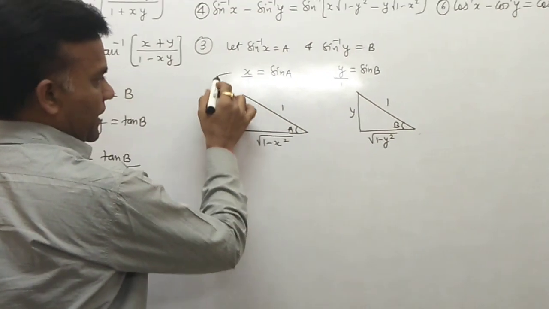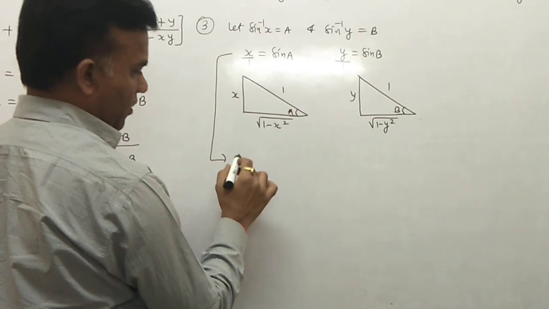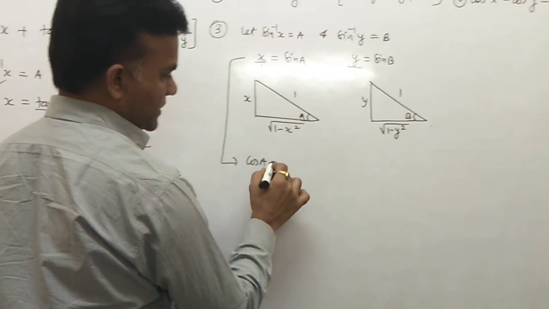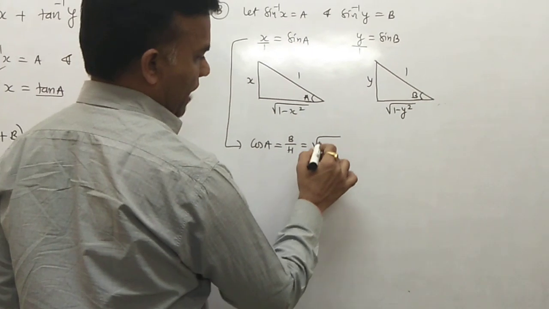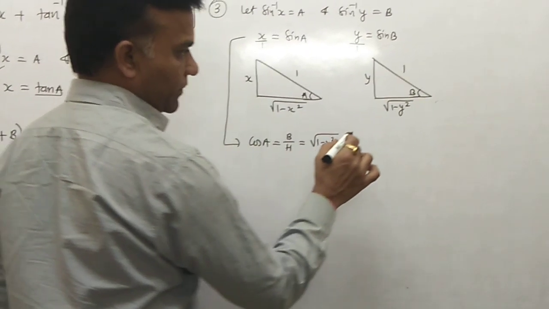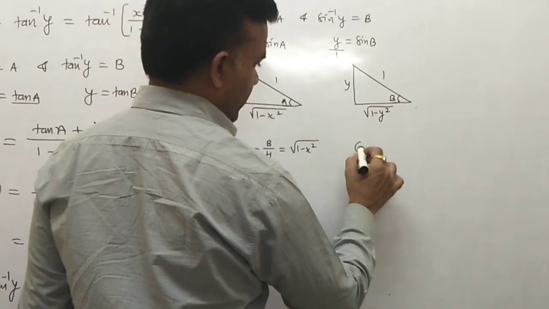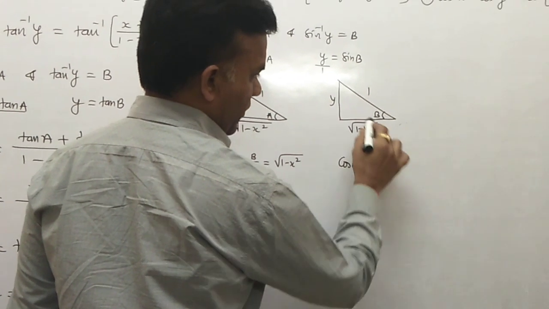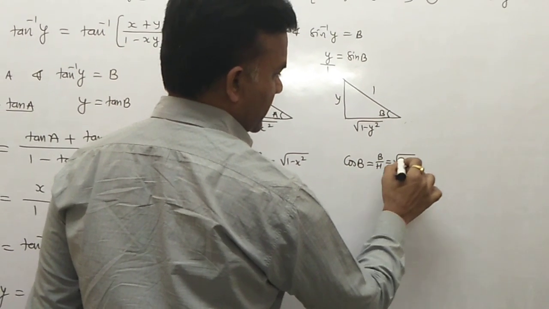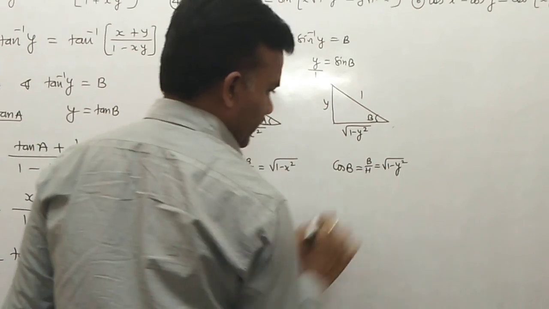Okay, sine a is here, so you write down the formula for cos a. Cos a is b by h, so we have the value under root 1 minus x square. Similarly, cos b, again b by h, is under root 1 minus y square.